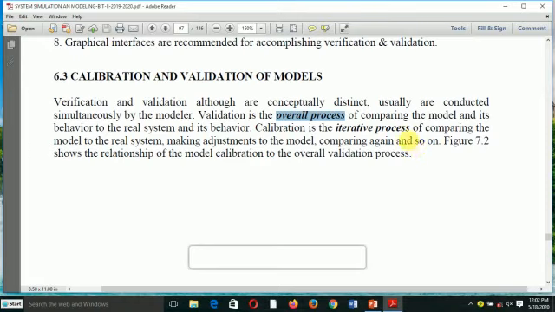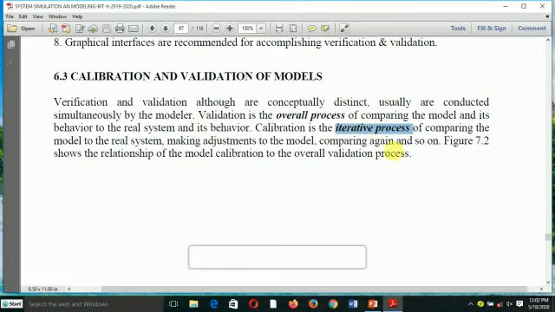But calibration is an iterative process. It is a process which you perform iteratively, step by step, and it is done as you are developing a model. The calibration will be done at each and every progress in your modeling.